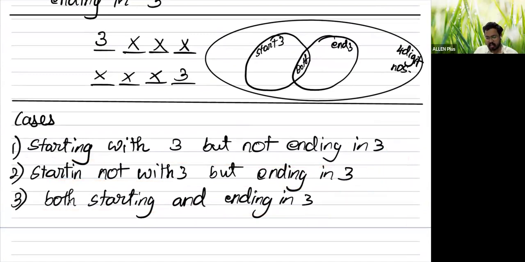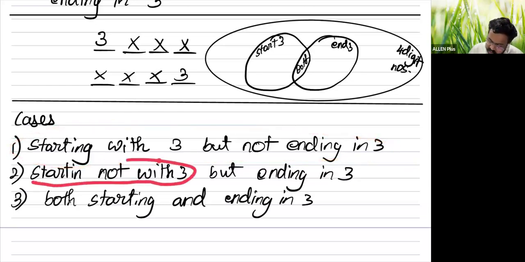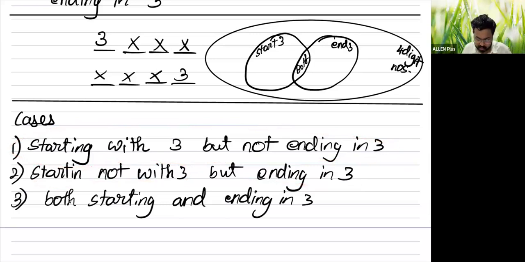If a number starts with 3 but does not end with 3, that is completely different from a number not starting with 3 but ending with 3. And that is completely different from both starting and ending in 3. If I want to color these regions, case 1 I'll color like this.